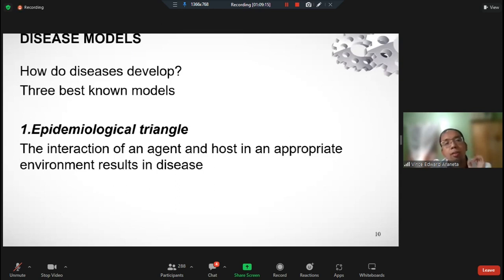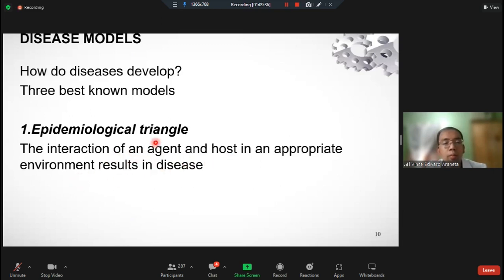For disease models, or when you answer how diseases develop, there are three best-known models, but the most common is the epidemiological triangle. This is an interaction of an agent and host in an appropriate environment that results in the disease. Again, it's an interaction of the triad: agent, host, environment.